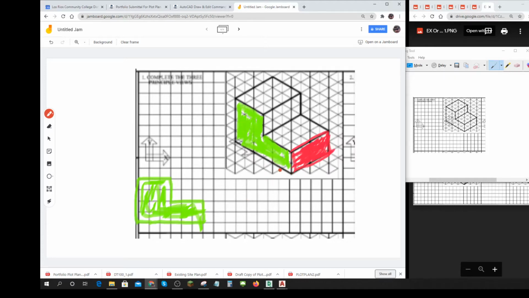In the green, that would be a corner and a corner. I could start right there and I could go up to over 1, 2, 3, 4. And that's what the red part would look like if I was standing on the right and I was looking at it flat.